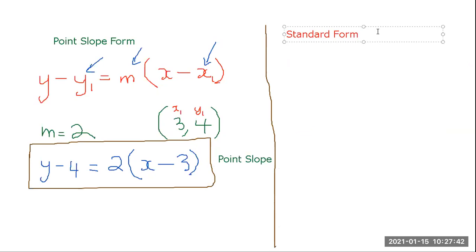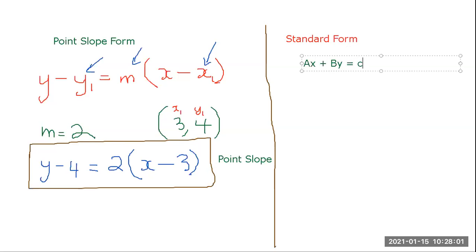All right. When something is in standard form, it looks like this: Ax plus By equals C, where A, B, and C are constants.